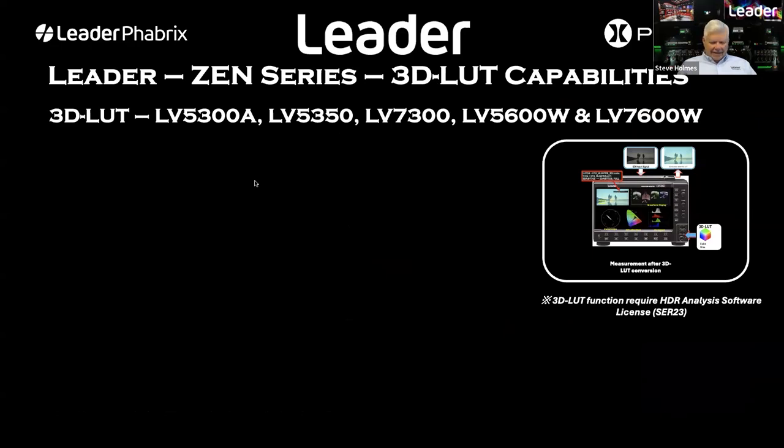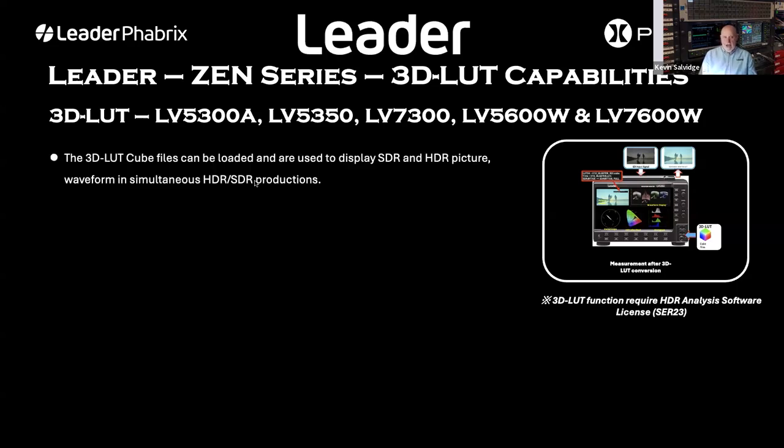So in summary, we talked about the Leader ZEN series of products, and there are 5 of them in the group, from the 5350A, 5350, 7300 rasterizer, and the 56 and 7600W. And all of them support this ability to import and load a 3D LUT, so you can do your SDR, HDR productions.